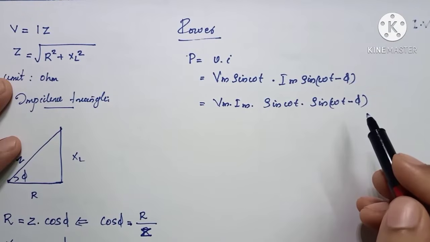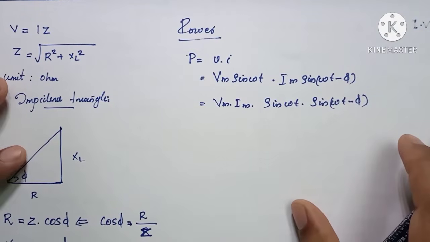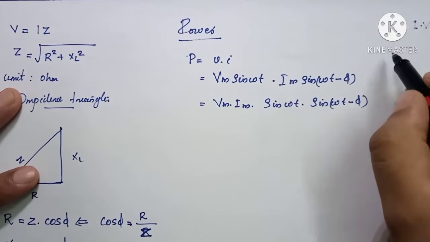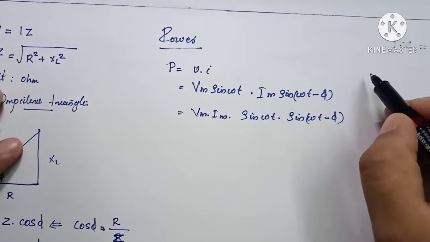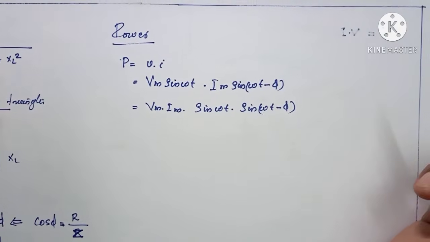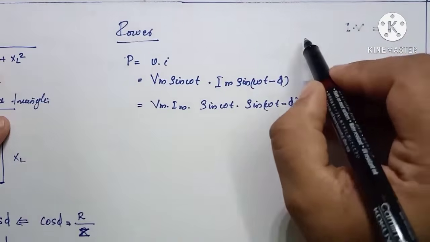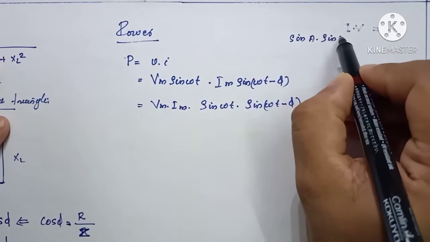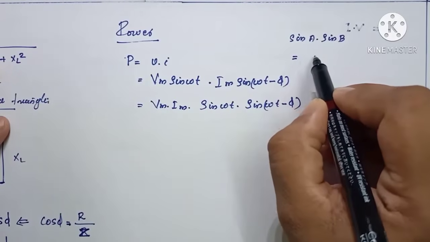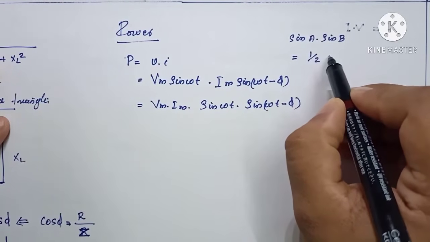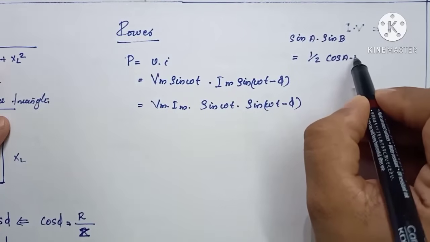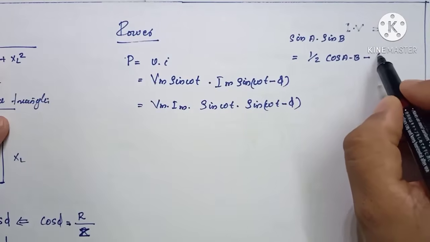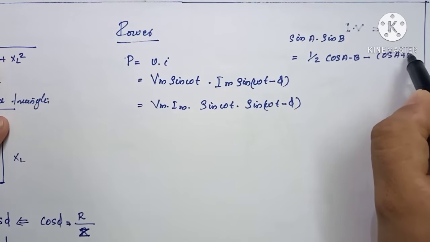It is nothing but half of cos A minus B minus cos A plus B. We can write it here as sin A into sin B is equal to half of cos A minus B minus cos A plus B.